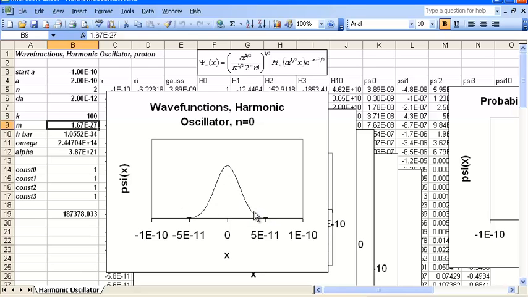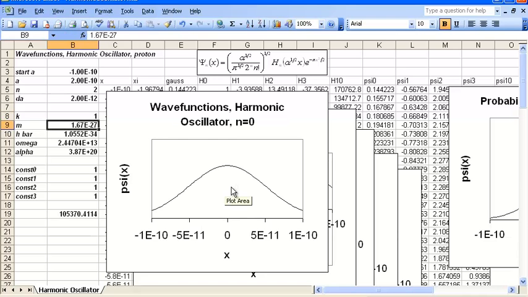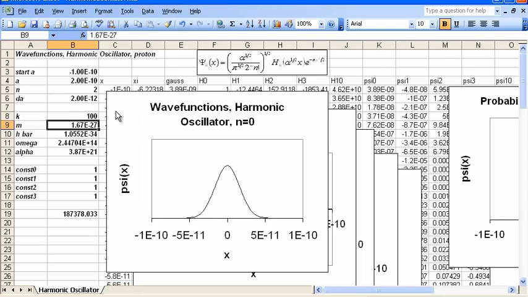And remember that we said the standard deviation is 1 over alpha, which is related to the spring constant. So let's change the spring constant here to say 500. It looks like the width narrows. If we decrease the spring constant, say, to 1, it increases. So the spring constant governs how wide the distribution is.